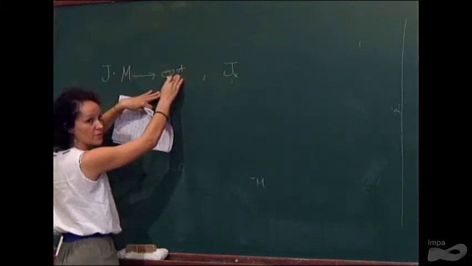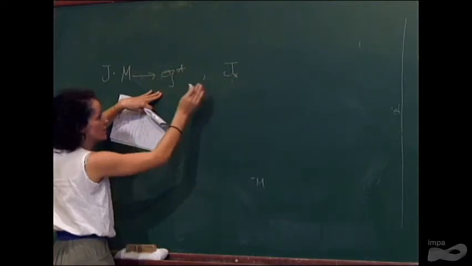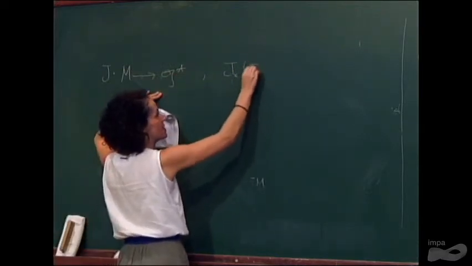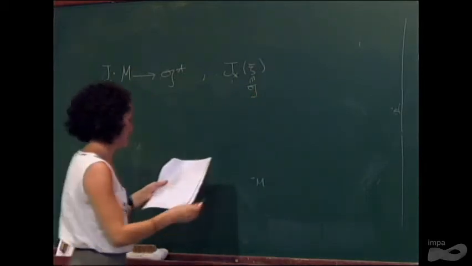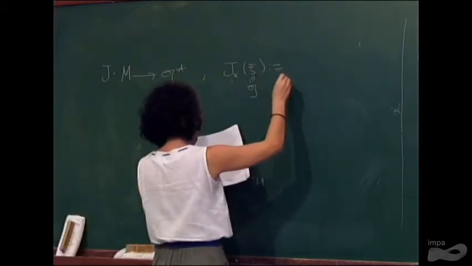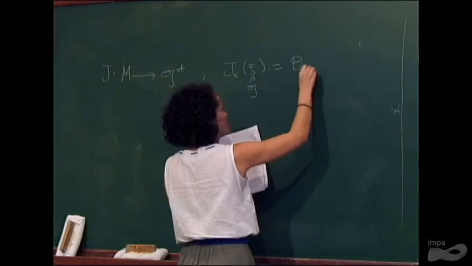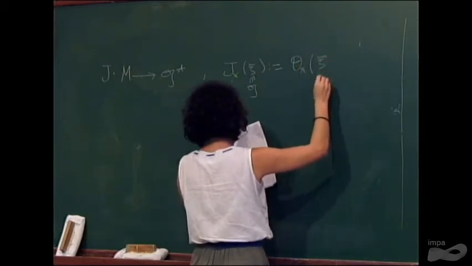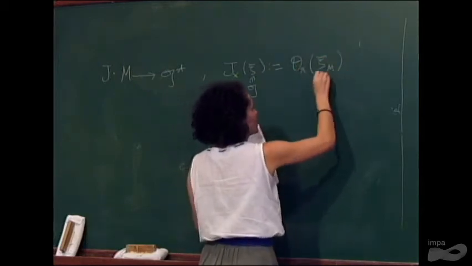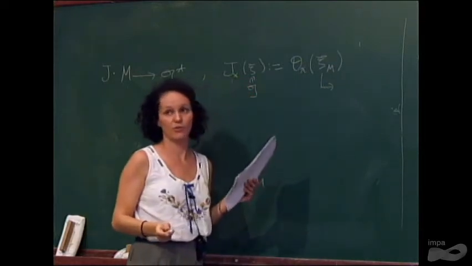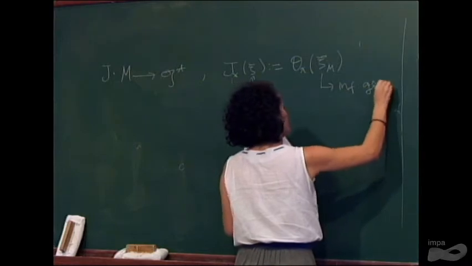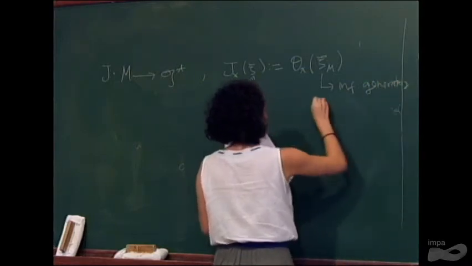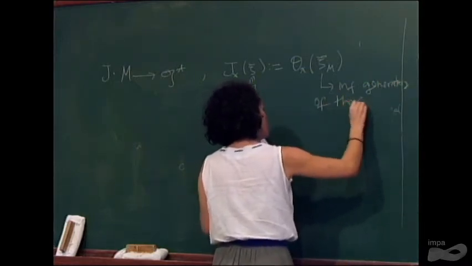Let's see what it does to an element of G. This is defined as theta of x applied to theta of M, where this is the infinitesimal generator of the action.